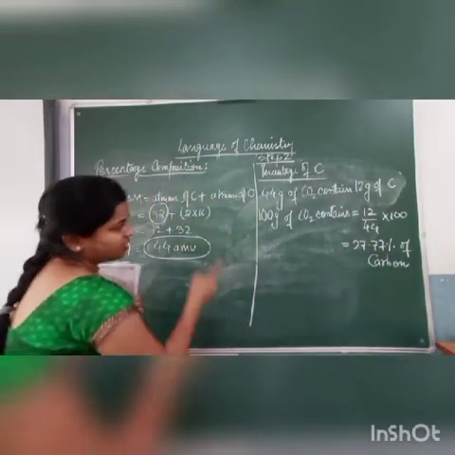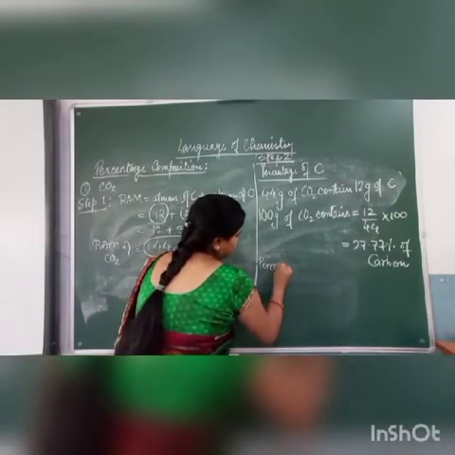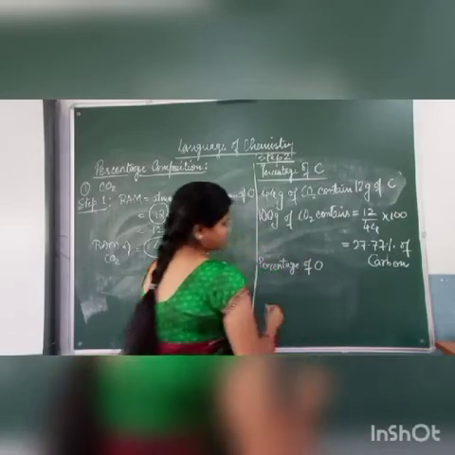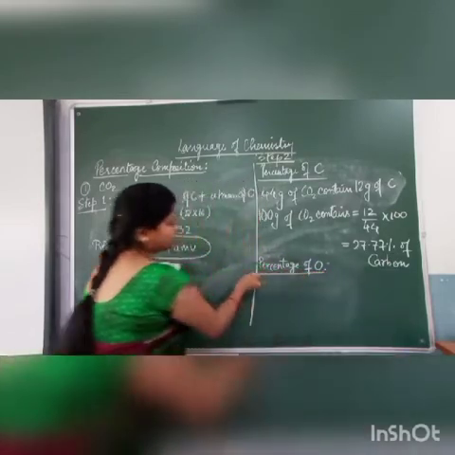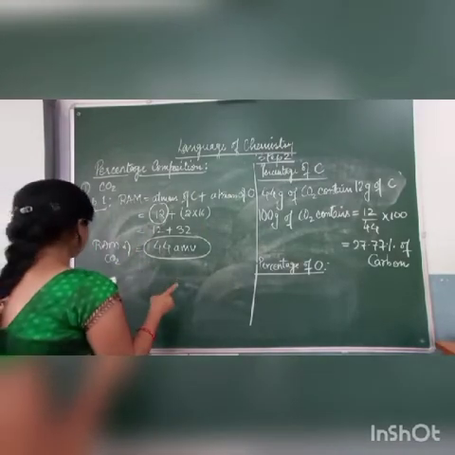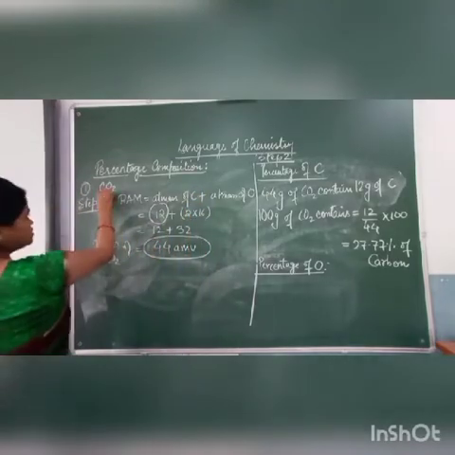Okay. In the same way, we will calculate the percentage of oxygen also. See how many percent of oxygen is there. Here oxygen is 2, two atoms of oxygen are there.